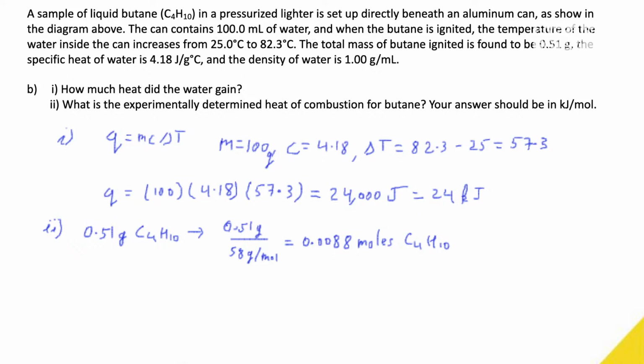So 1 mole is going to give me 24 kilojoules divided by 0.0088, which is equal to 2,700 kilojoules per mole. Okay, now I know this is an exothermic reaction.